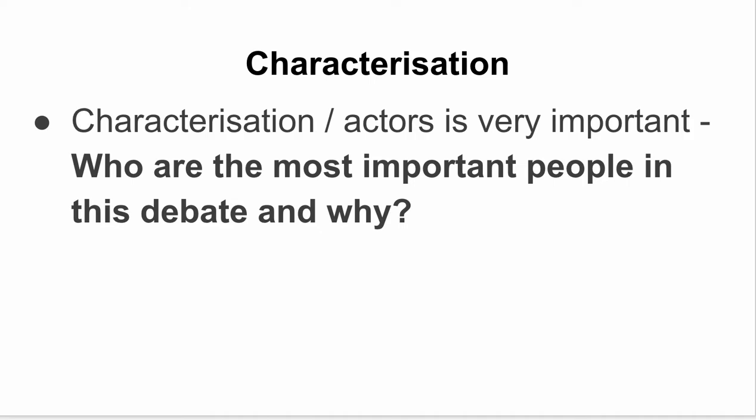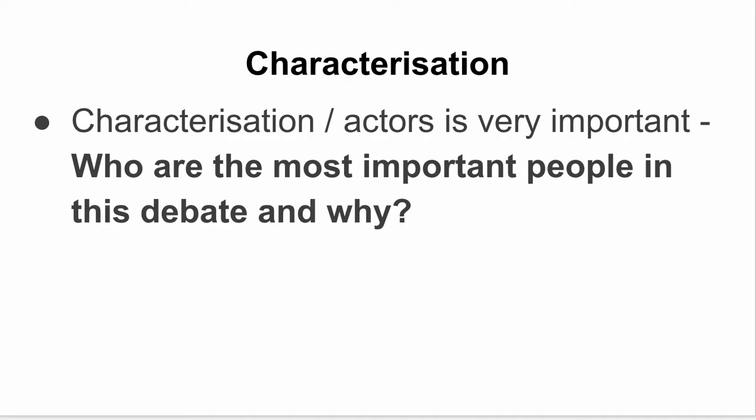So if you're banning people with criminal records from holding political office, it's obviously people with criminal records who want to hold political office, but it's also people with criminal records who might want to go into politics. It's voters. It's other politicians. So you've got to think about who's going to be affected and why.